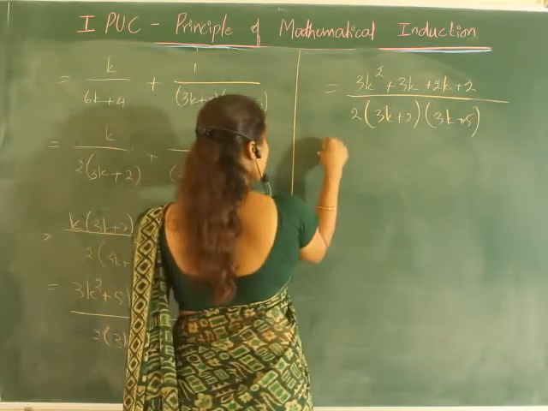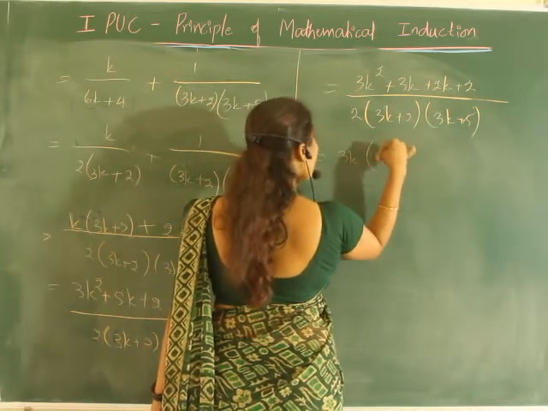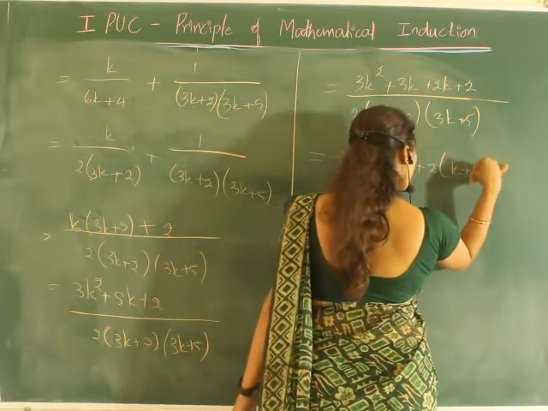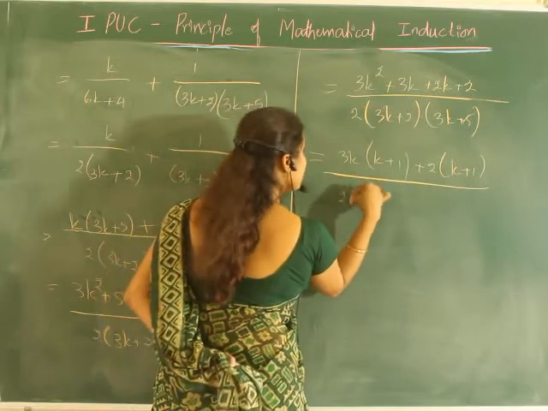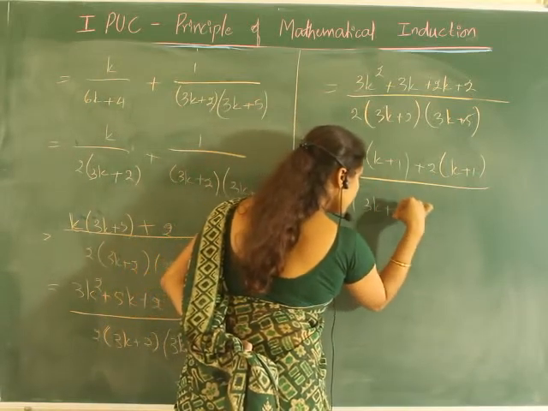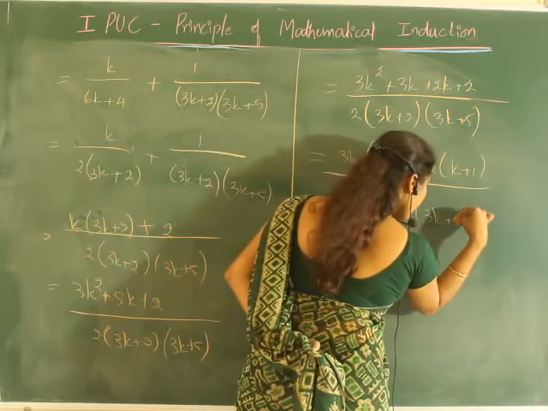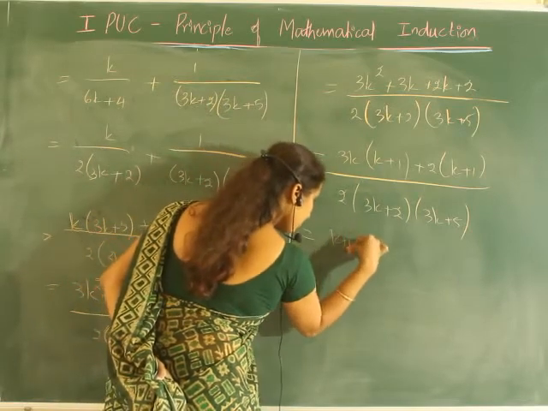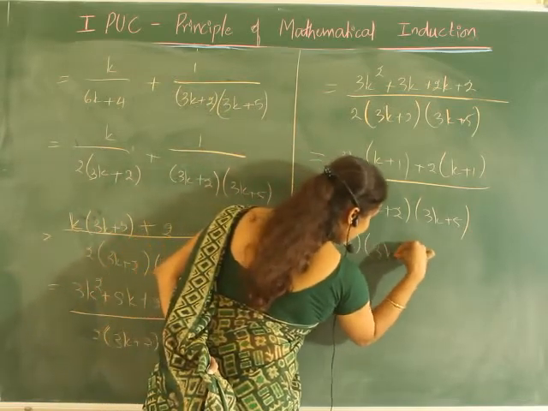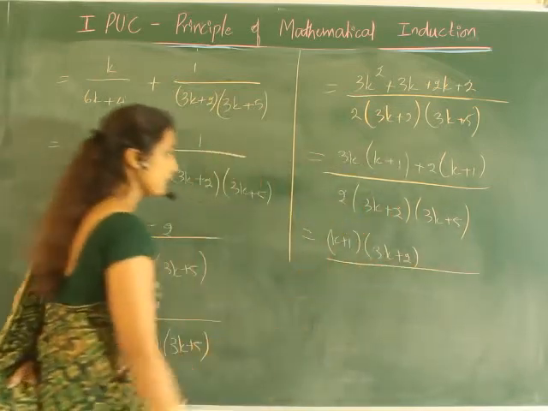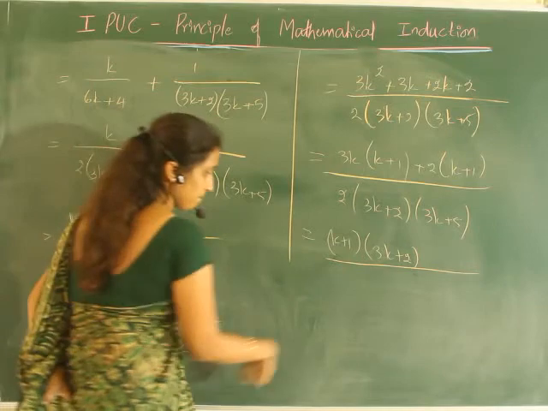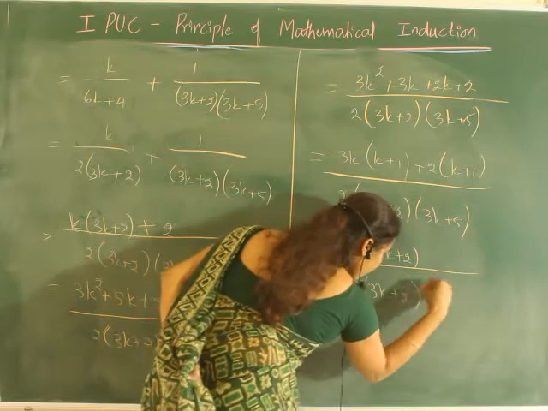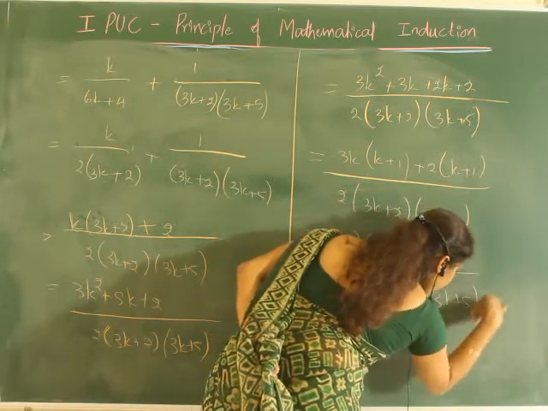So for the first two terms, 3k is common, so we get k plus 1, and 2 is common, so again k plus 1 is common. This gives k plus 2 divided by 3k plus 5.